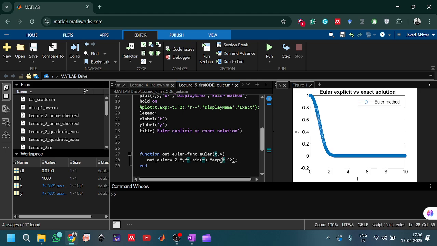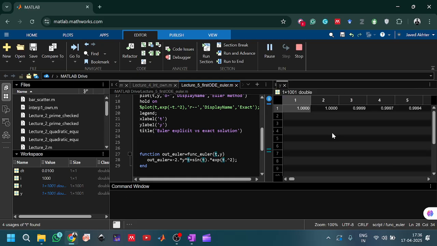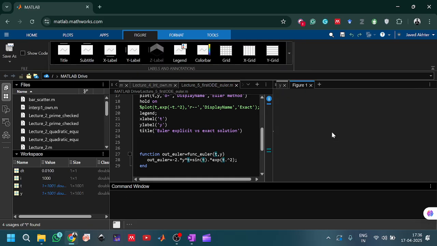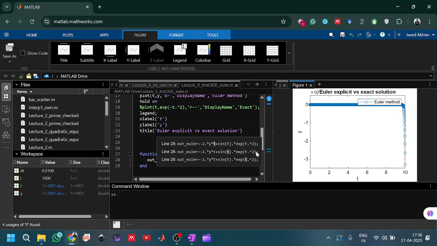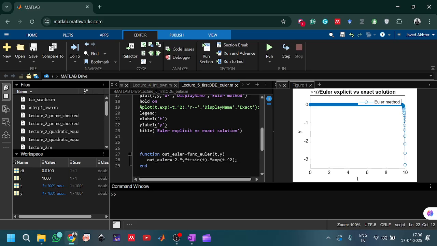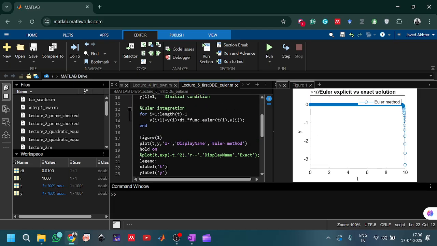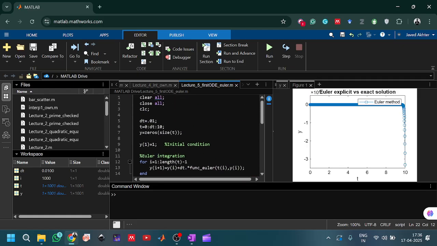Instead of decaying, we can make it increasing. Okay, so sinusoidal is already okay. You can play with different kinds of functions to look at the output, and this is where you can generalize writing this code. So this is your Euler method.